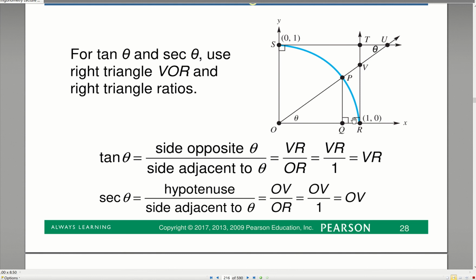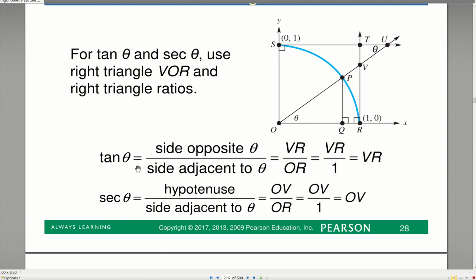In triangle OVR, it's the side OR which is 1. Both OP and OR are radii in the same unit circle. And in triangle OSU, it's the side OS, which is 1. And that's what allows us to find the lengths of these segments so nicely.